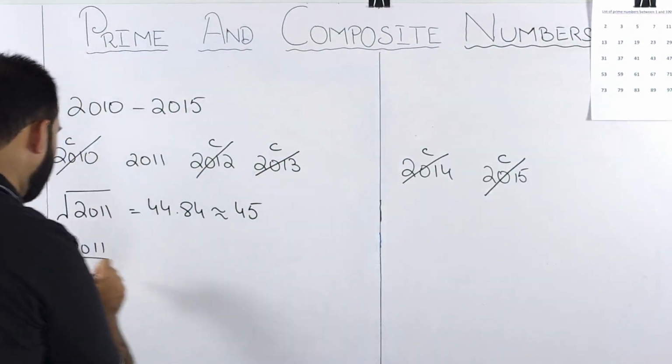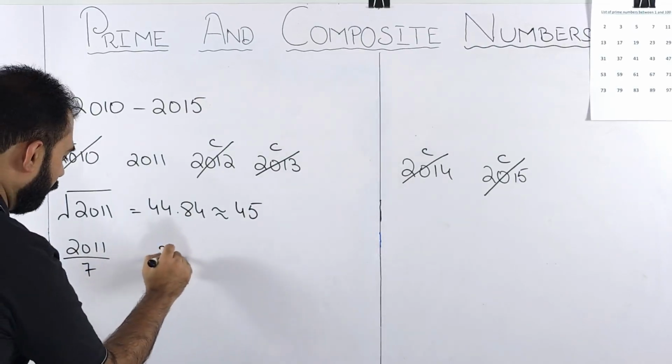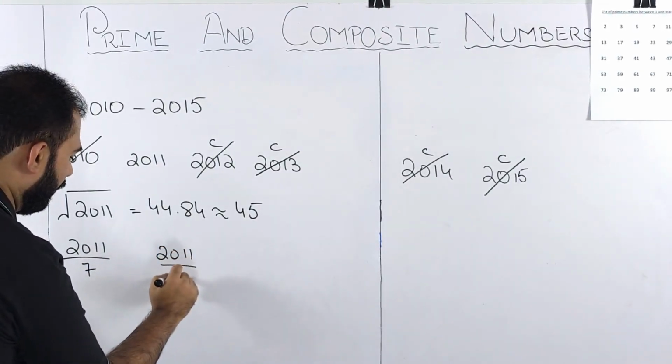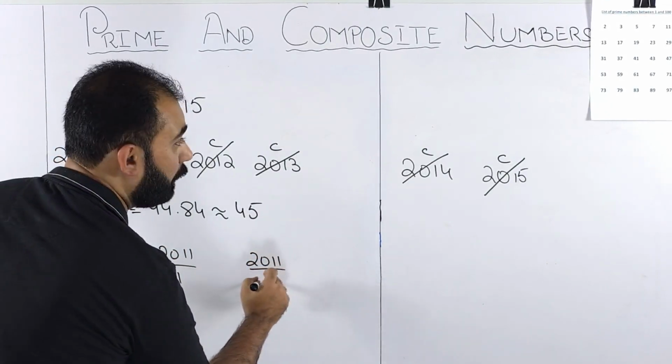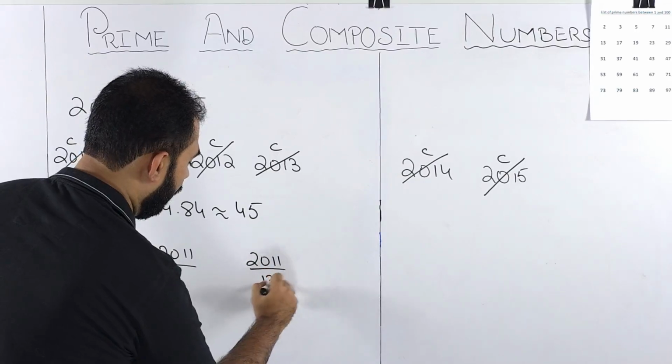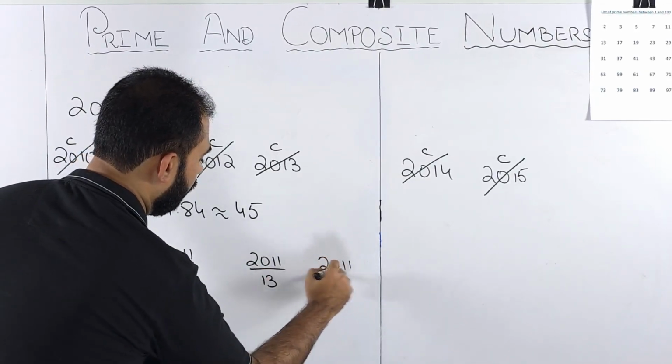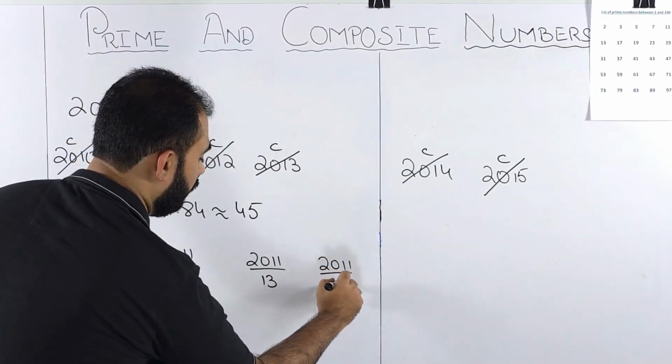Now I'll apply 7. Then I'll apply 2011 divided by 11, then 2011 divided by 13 and 2011 divided by 17.